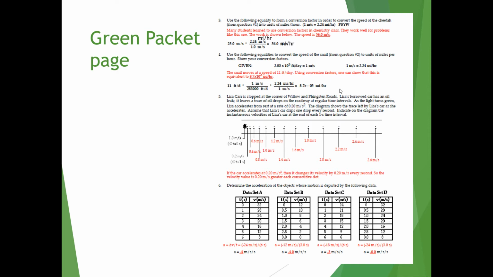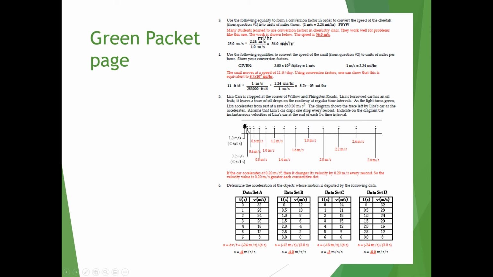So if we look at this, and we remember that the acceleration is basically the change in velocity per unit time, that means that with an acceleration rate of 0.2 meters per second squared, that's the same as a change in velocity of 0.2 meters per second every second.